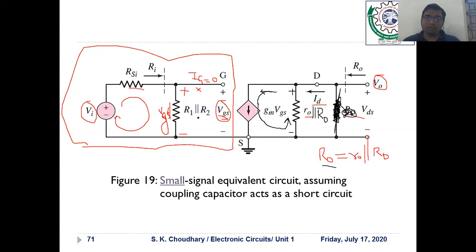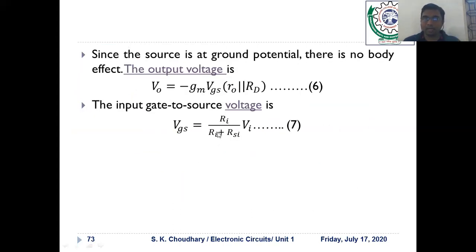R1 parallel R2 means Ri. Here you have to write Ri. So Ri upon Ri plus RSI into Vi. That is written here. You can see Ri upon Ri plus RSI into Vi.